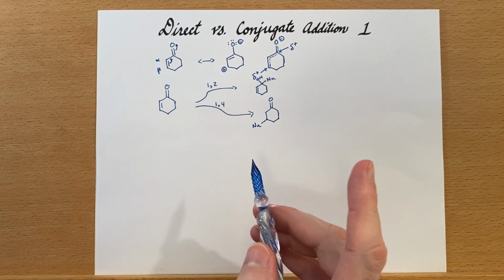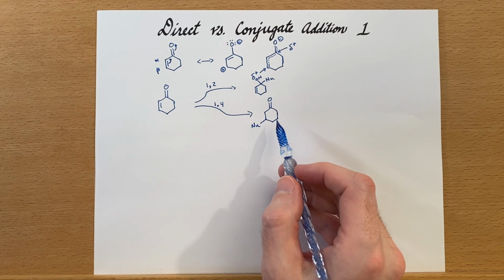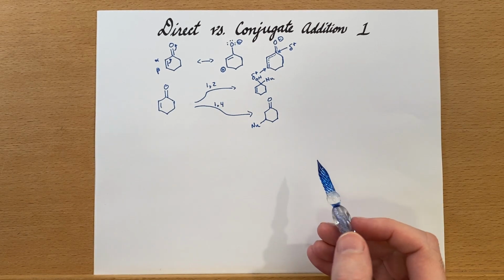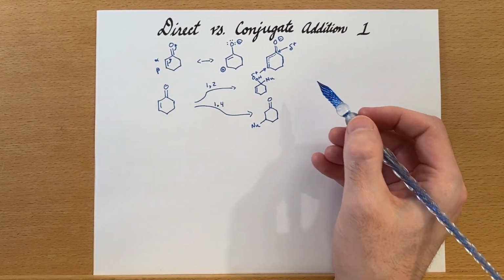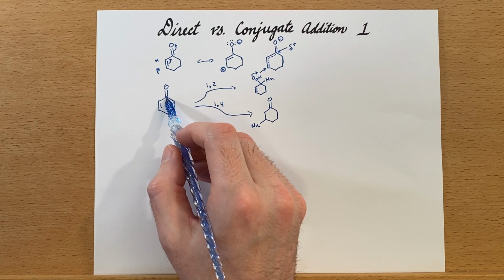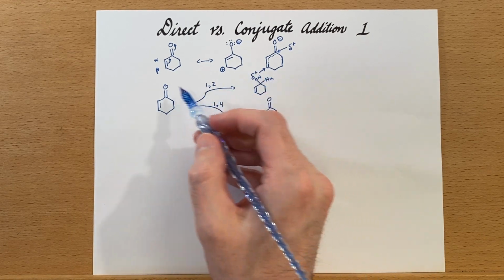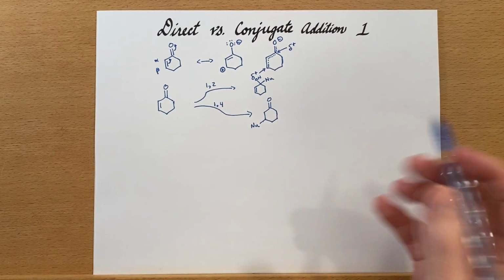I'm going to go over the mechanism for the 1-4 addition, because the 1-2 addition is the same as what we've been talking about in previous videos, and you can just look at those. But remember, the nucleophile will just attack here, electrons go up, and then you'll have to protonate the oxygen up there, and there you are.